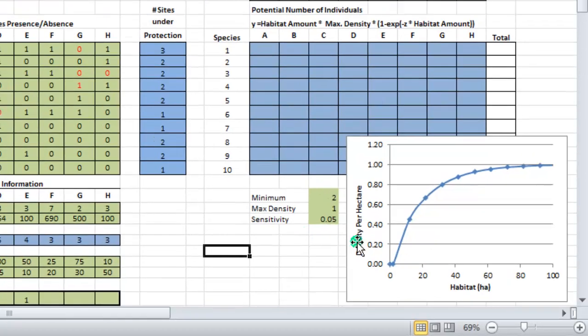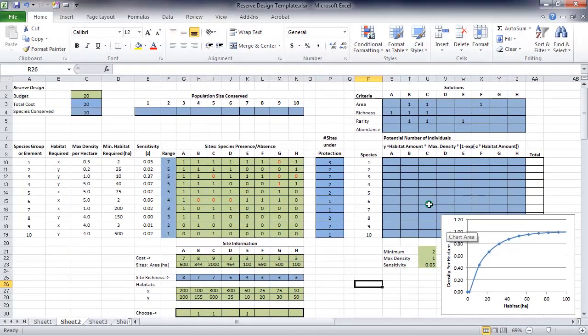So Jed walked through these equations, and our task now is to enter that formula that you went through in lecture into the grid in cells S10 down and through all of the sites and all of the species. And let me move our graphic down.